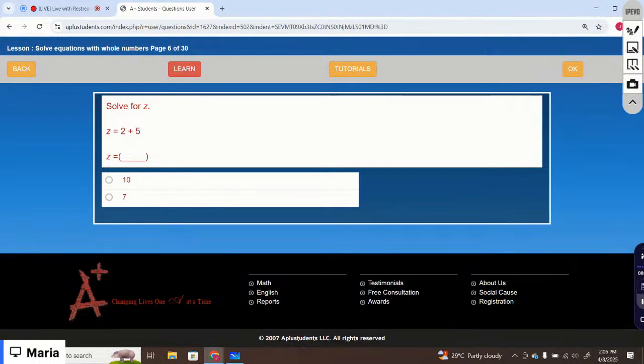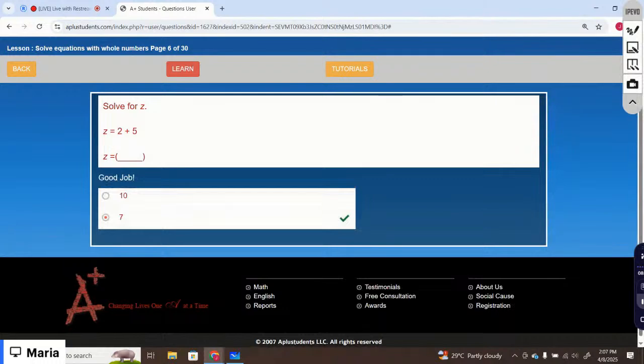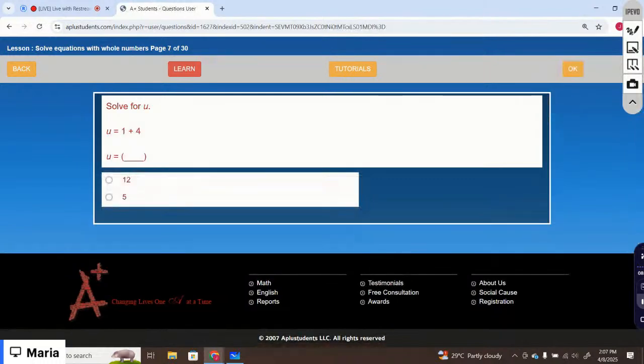Solve for z. z equals 2 plus 5. So which is the correct option? 2 plus 5 is 7. Option number 2 is the correct option. u equals 1 plus 4.